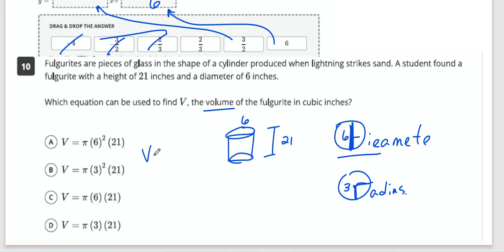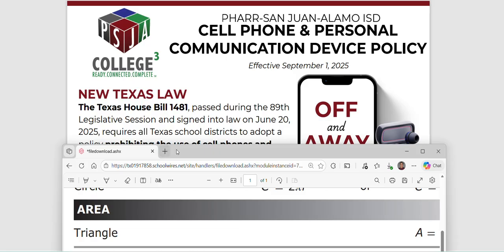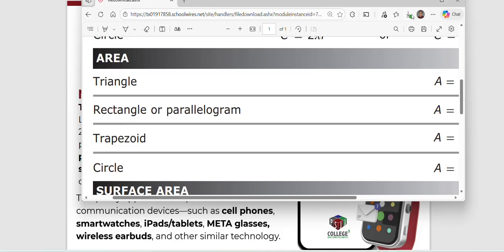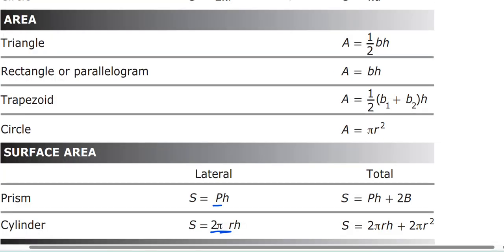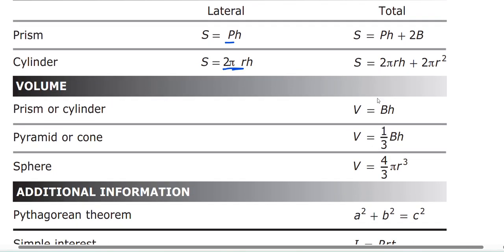Volume. Okay, volume formula is equal to BH. Okay, so the volume formula of the cylinder is BH.